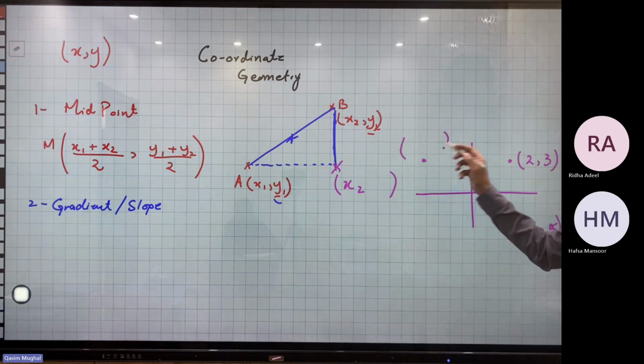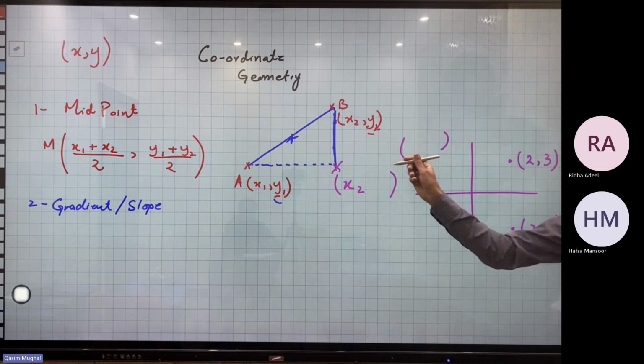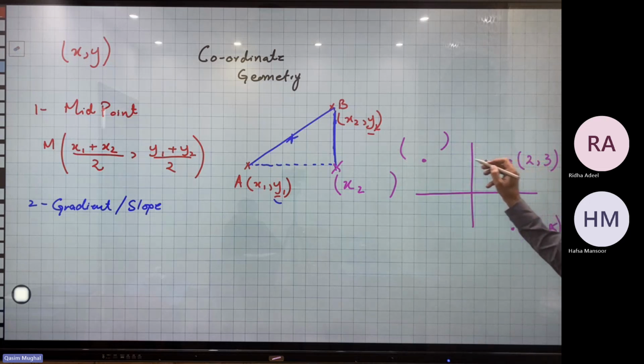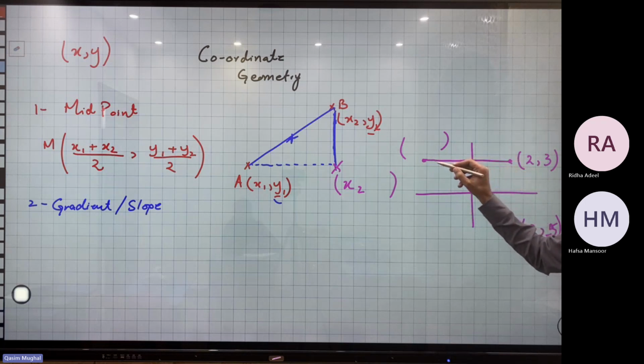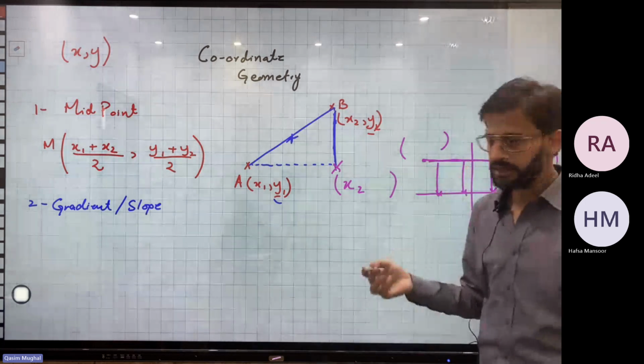Okay, if I have a point exactly in the same line in a horizontal manner, what will change in this case? If you move horizontally in a Cartesian plane, what changes? The x value. Only the x points are changing. So if I connect it with a straight line, no matter where you are on this straight line, only x values are changing. But for all the points on this line, the y value is exactly the same.